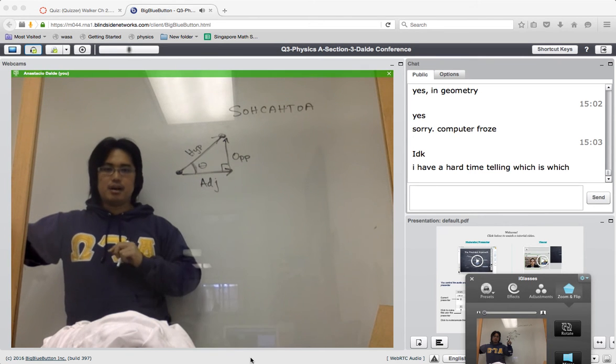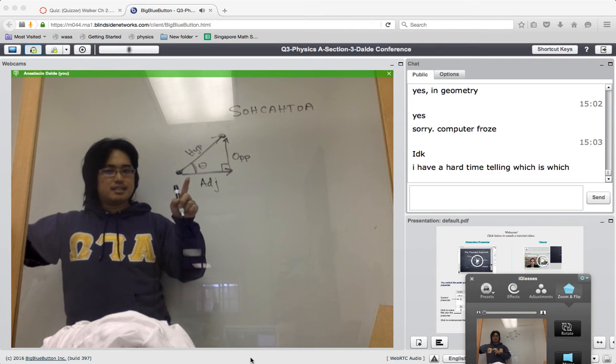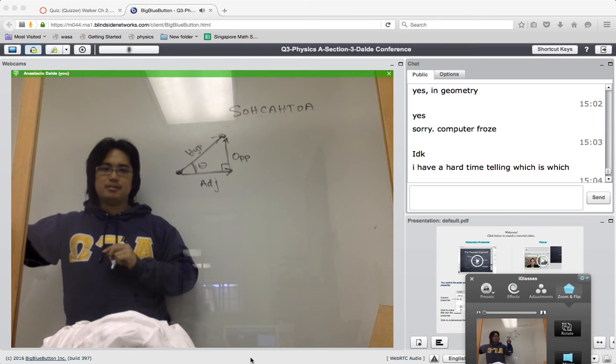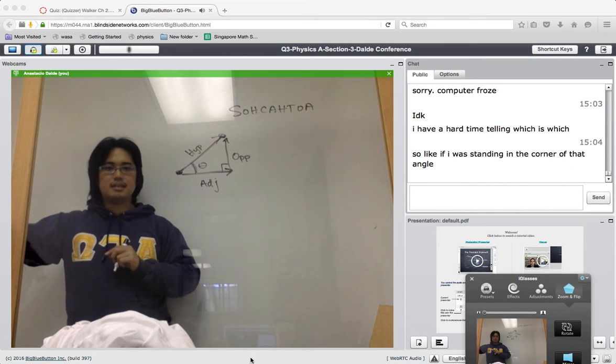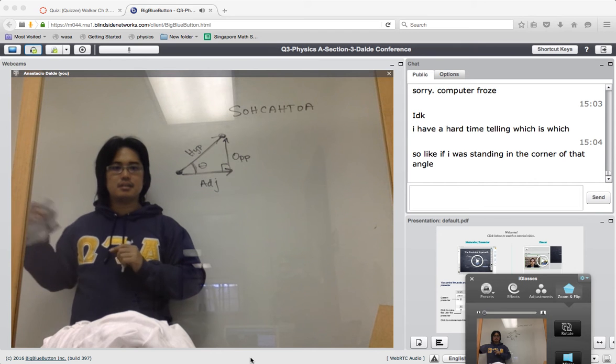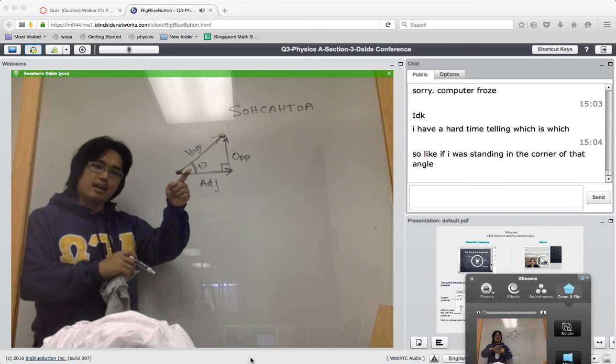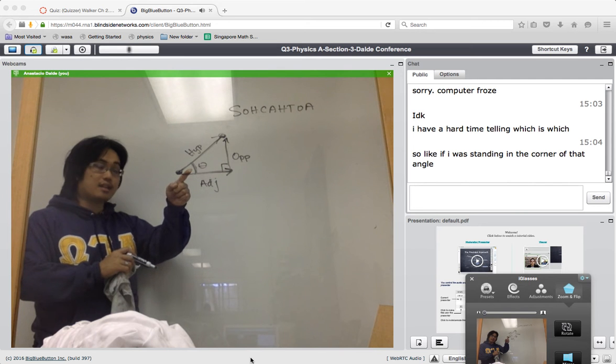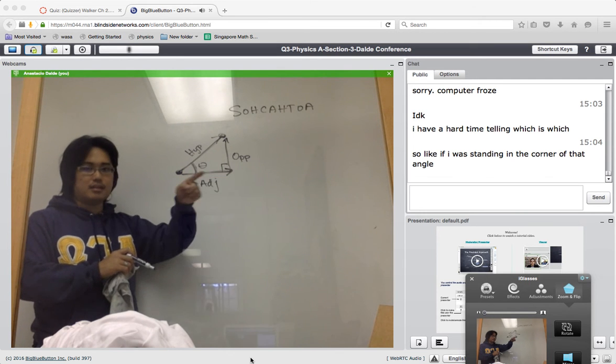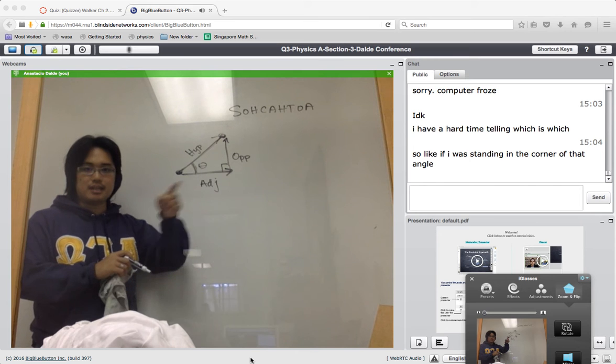That's why we call it the opposite side. And this side right here is next to this angle, theta. Does that make sense? So if you were standing at that angle, the opposite side would be this length, whereas the adjacent side would be this length.